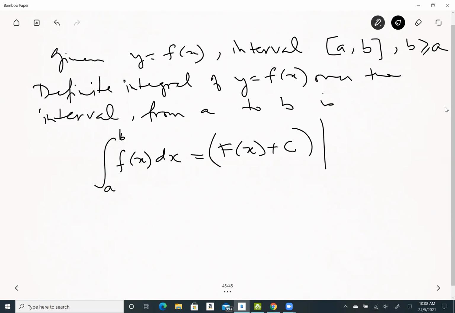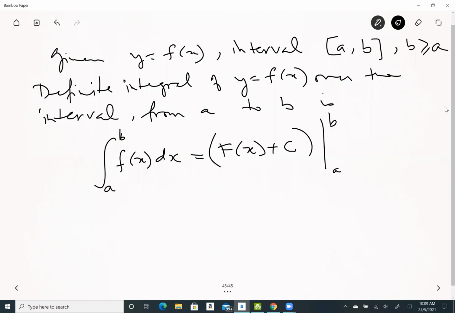Now, when you evaluate from point A to B, x equal to A and x equal to B, we do it like this: a vertical straight line, A on the bottom, B on the top.